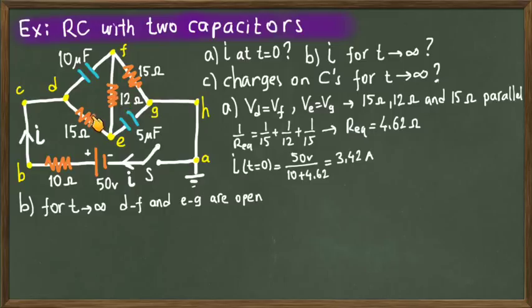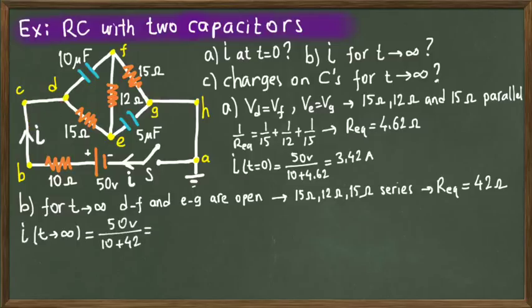First of all, the equivalent resistance of these three resistors is 15 plus 12 plus 15, which is 42 ohms, right? But you will add this total resistance to the 10 ohms also, because this is also connected serially, and then apply Ohm's law.